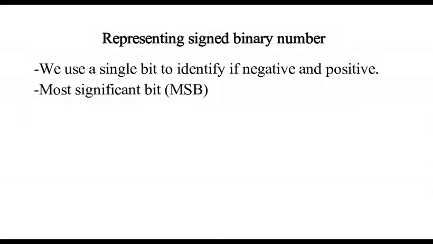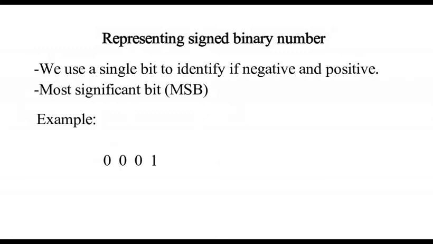Okay, now in representing signed binary numbers, we can use a single bit to identify the sign as being positive or negative in value. The most significant bit, or MSB, is used as the sign bit. Okay, so let's have an example of MSB.